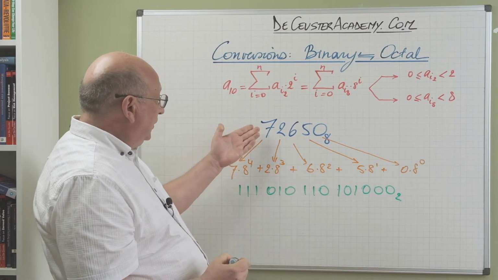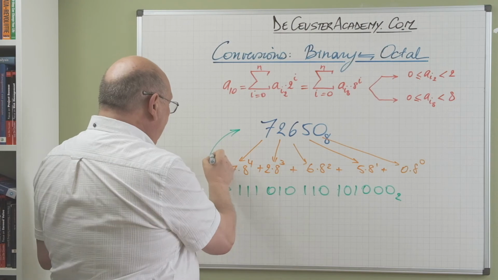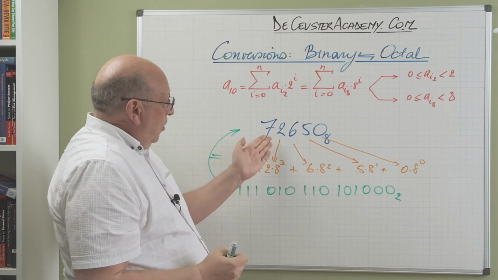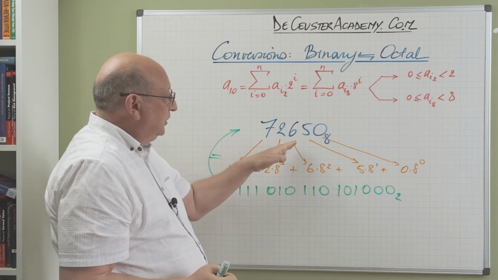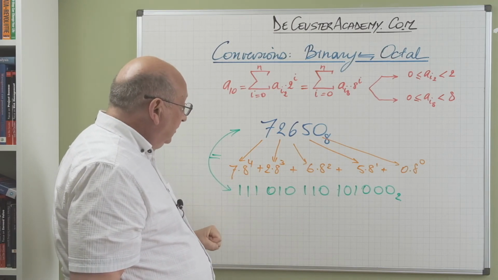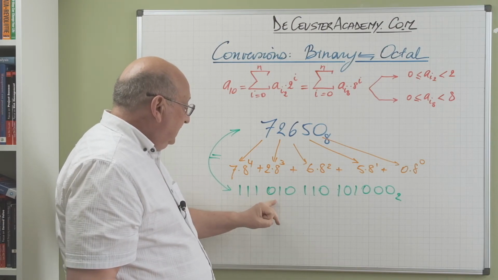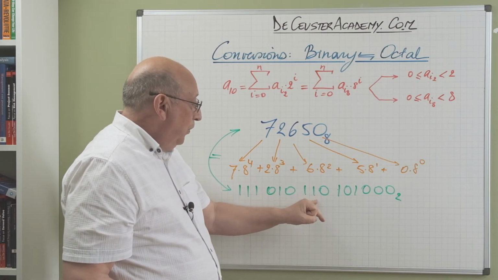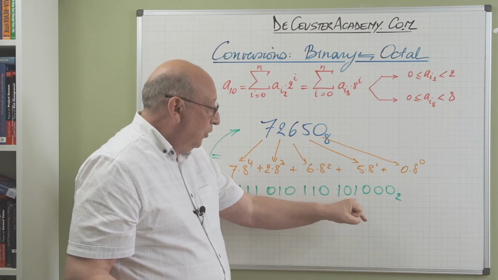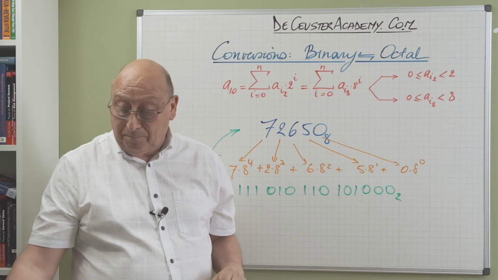So basically what we can say is that those numbers are in fact equal, although 72,650 is the octal number and the binary equivalent number is 111 010 110 101 000, base 2.